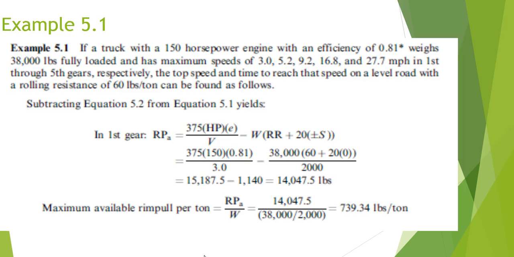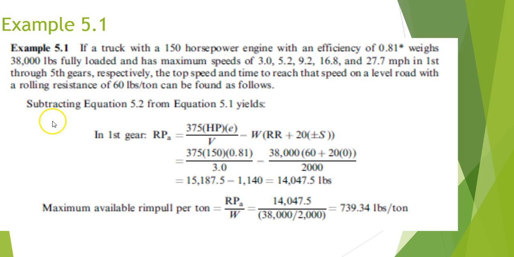And what you're interested in is time to reach that speed on a level road with a rolling resistance of 60 pounds per ton. Okay, and we looked at that rolling resistance last time.